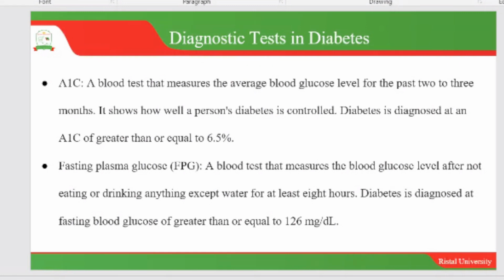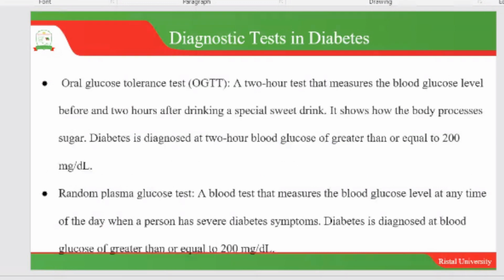The other test is the random plasma glucose test. So the random plasma glucose test is a kind of blood test that measures the blood glucose level at any time of the day when a person has severe diabetes symptoms. So this one does not require any fasting, does not require the giving of oral glucose, then you wait for 2 hours.